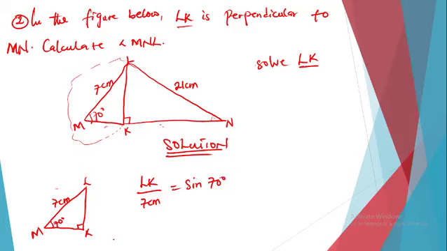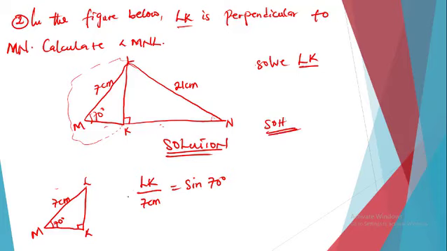Is it correct? We are looking at the angle at M, and then we are looking at 7 cm. 7 cm is our what? Hypotenuse in this triangle, since it is the line facing angle 90. Is that correct? And our sine always makes use of what? Opposite over hypotenuse.